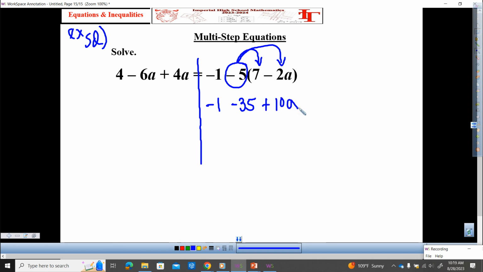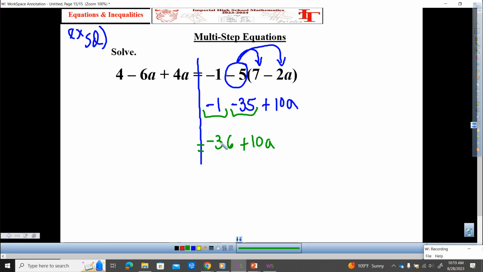What do I do from there, Noah? Yeah, subtract these or combine them. What is negative 35 and negative 1? That's negative 36. Bring down the plus 10. We're done simplifying the right side. We need to go to the left side.